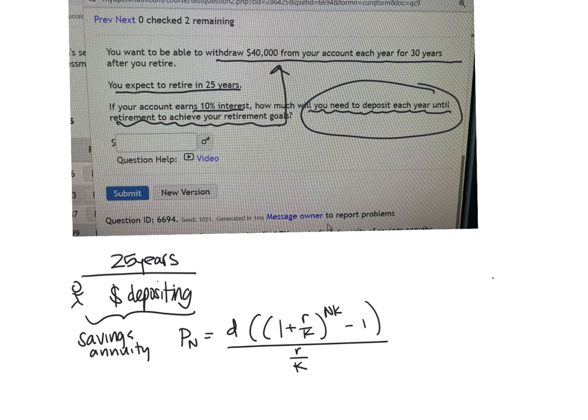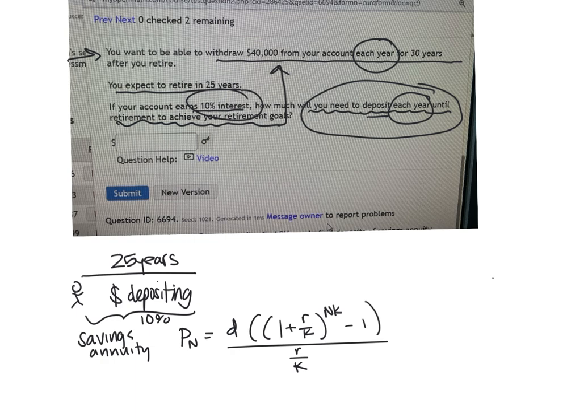But again, we don't know how much we're depositing. We do know a little bit more. We know that it's earning 10% interest. And the goal is to be able to withdraw $40,000 each year. Looking back, when we said deposit, it was also each year.